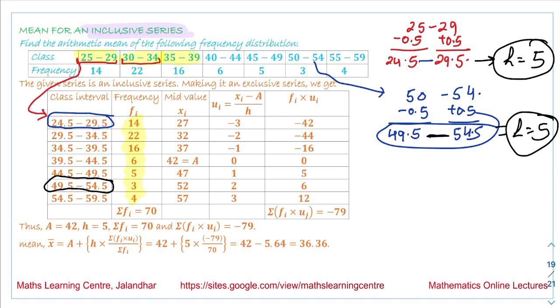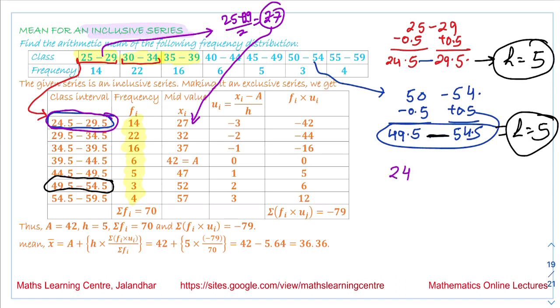For the mid values, you can calculate from here: 25 plus 29 by 2, that will be equal to 27. You will obtain the same answer using 24.5 plus 29.5 by 2, which is 27. So you can use either of these to calculate the mid values because the class marks will not change.